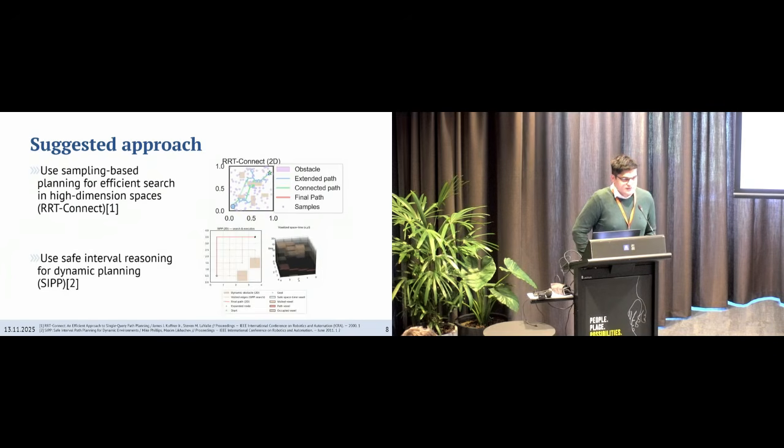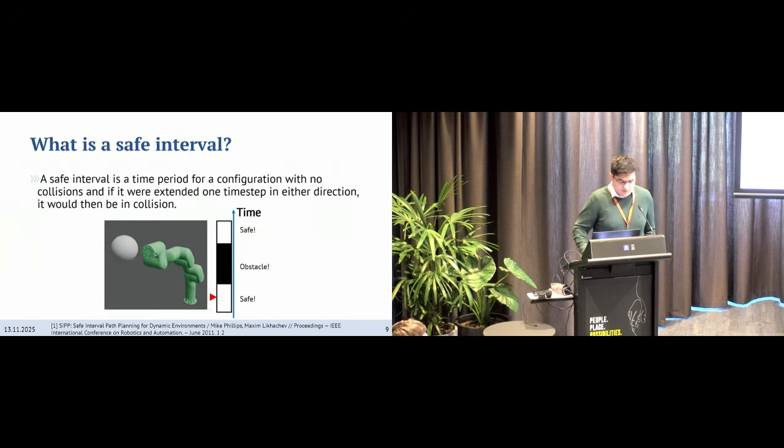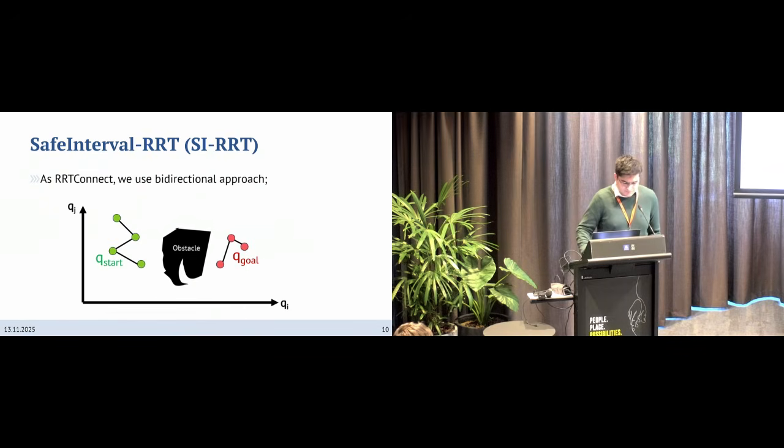The first one is a sampling-based search, like in RRT-Connect, that's used to search in the high-dimensional space of manipulator configurations. And the second one is that we use safe interval reasoning for dynamic planning, like in SIPP. So a safe interval is a time period for a fixed configuration where the robot can safely wait without any collisions with obstacles.